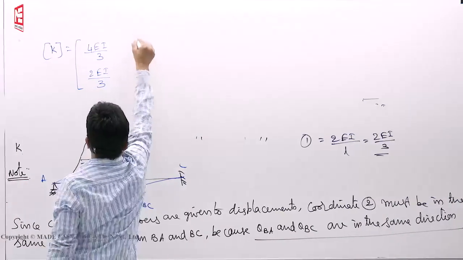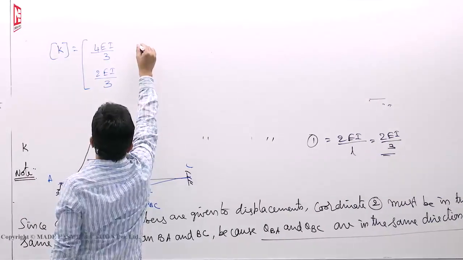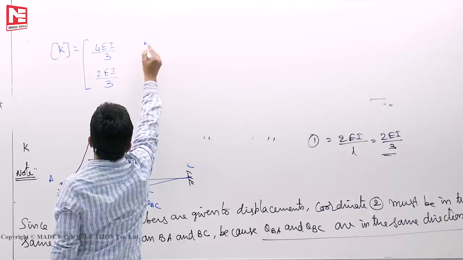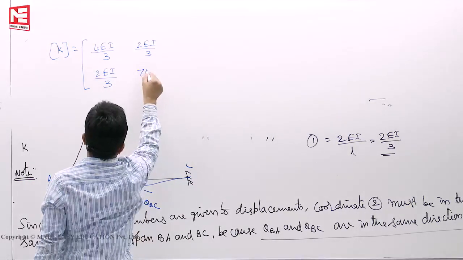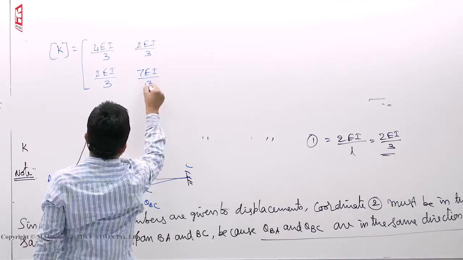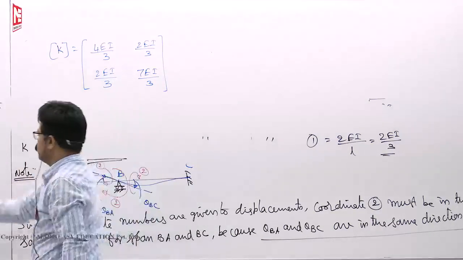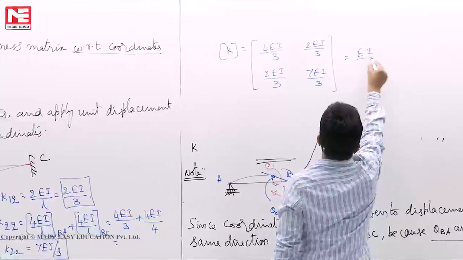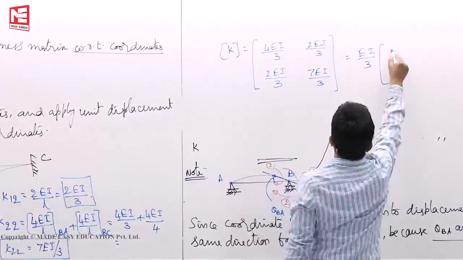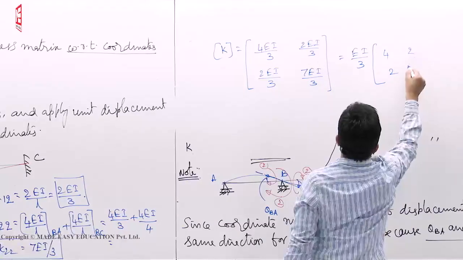Similarly, this is the second column, force at 1 because of the unit displacement at 2. This is 2 EI by 3, this is 7 EI by 3. So 2 and 7 we have written here. If I take EI by 3 as common factor, 4, 2, 2, 7.